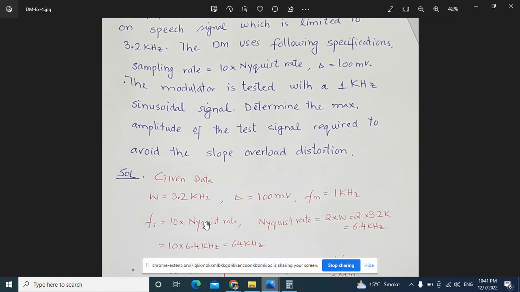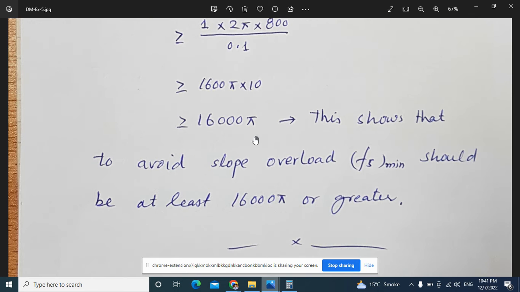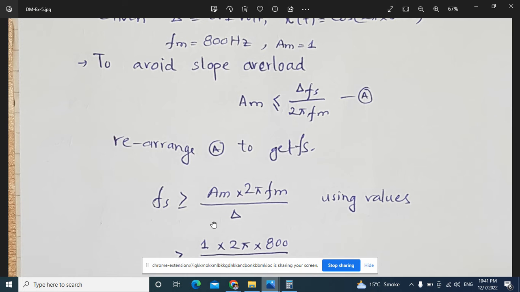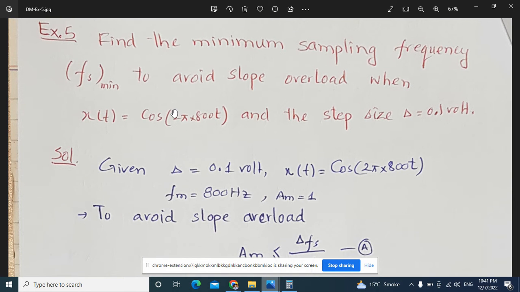The second example, so we need to do a few more examples so that we can better understand the delta modulation. In this example, find the minimum sampling frequency fs minimum to avoid slope overload when the signal x of t is equal to cos 2 pi 800 t and the step size delta is 0.1 volt.